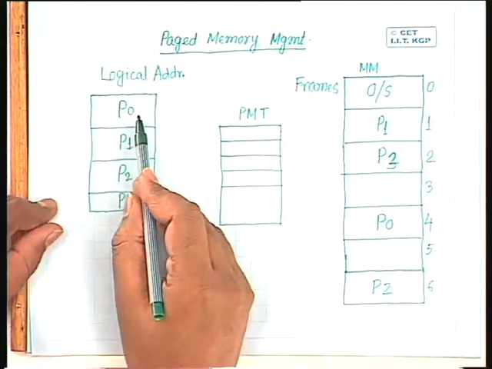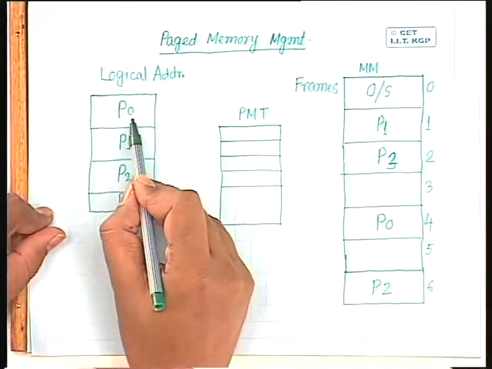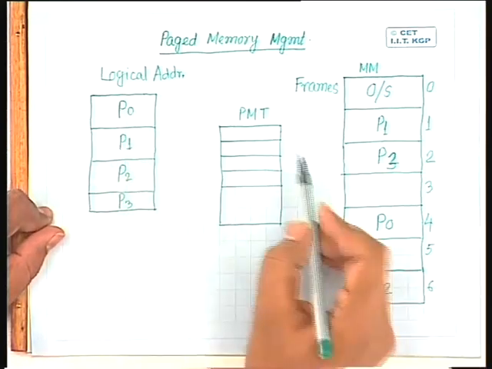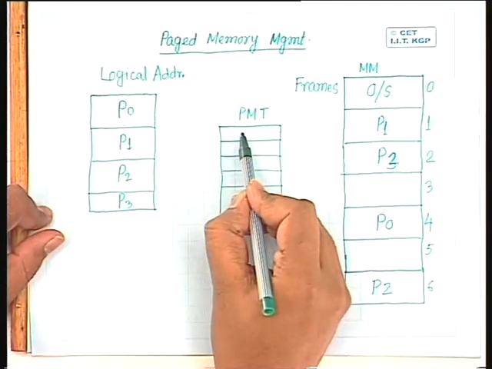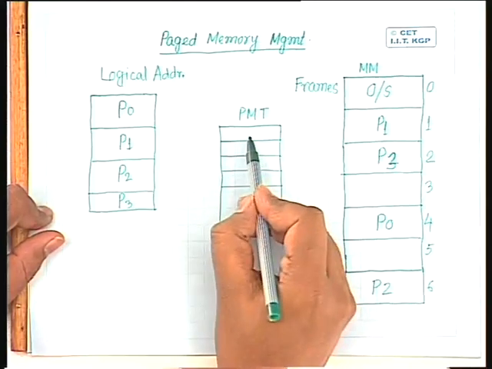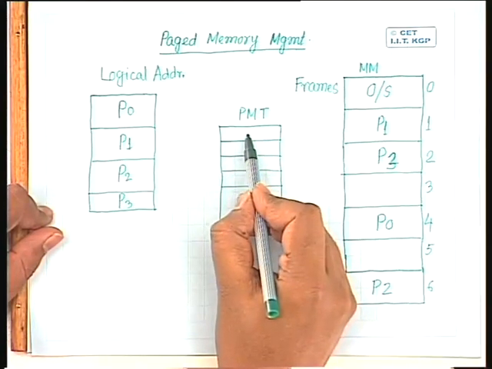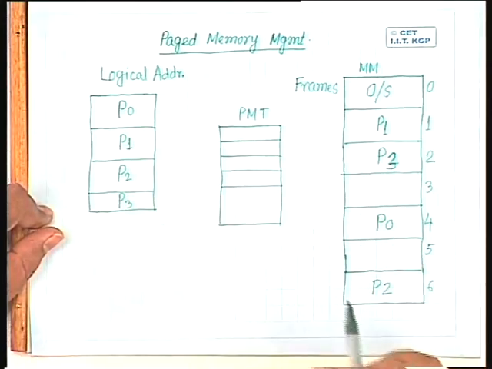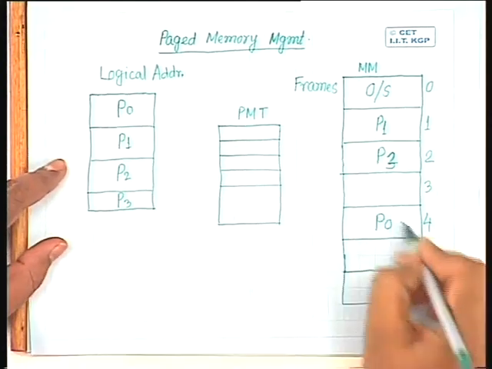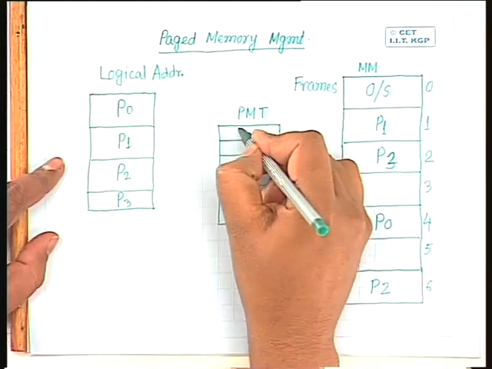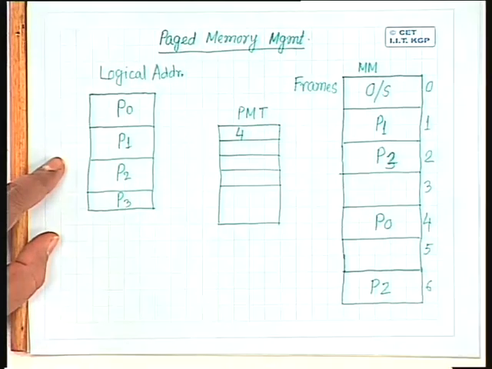Whenever the CPU generates a logical address corresponding to page number 0, following the page number, you have to come to the 0th entry in the page map table, or first entry. This page map table will contain the frame number where page number 0 is loaded. In this particular case, page number 0 is loaded into frame number 4, so this entry will contain frame number 4.